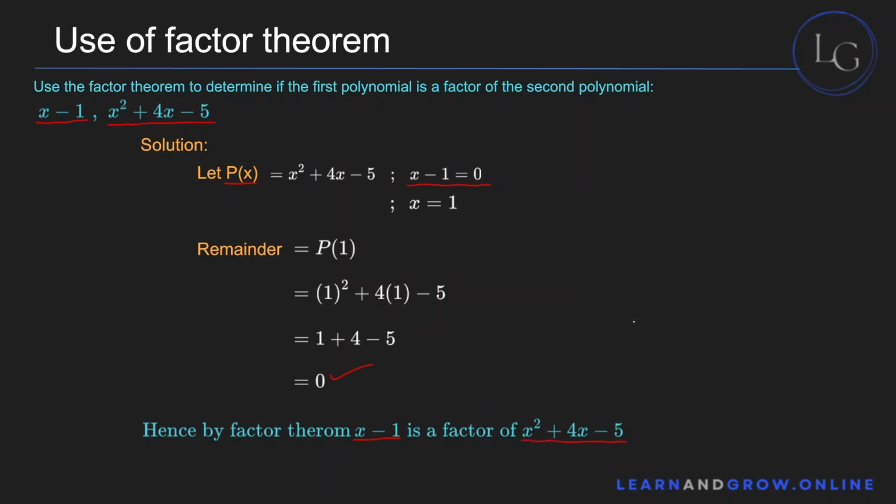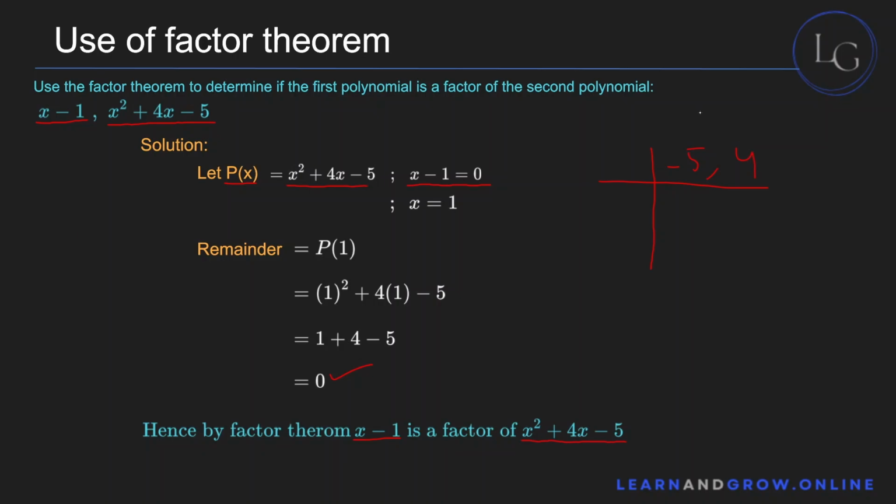Now, there is another way you can check this, if you actually factorize this polynomial over here. Once you factorize this, you'll see that the value of c here is minus 5, and the value of b here is 4. So you need to find numbers that will give you minus 5 upon multiplication, and they'll give you 4 upon addition.